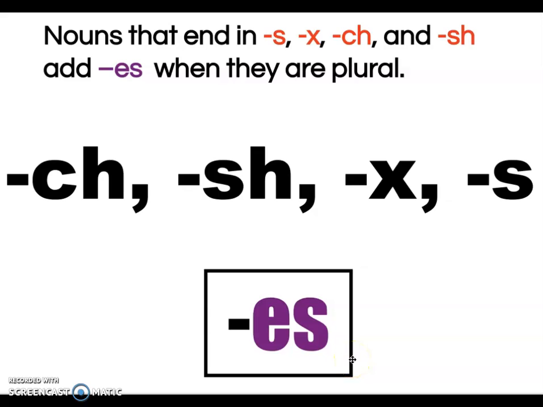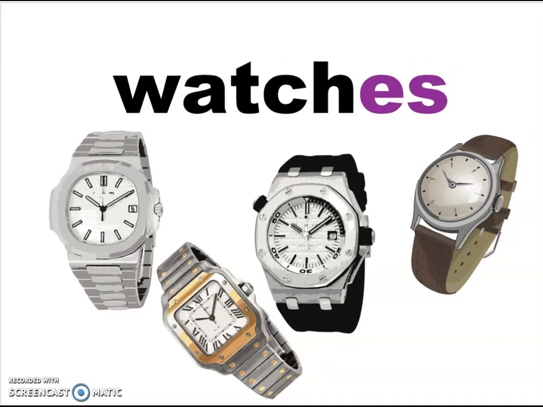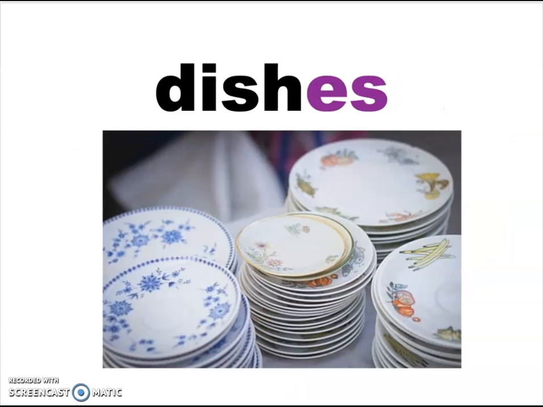For example, watch. Watch ends with ch, so when we make it plural, we add an es to make it watches. The noun dish ends with a sh, so to make it plural, we add an es to make the word dishes.